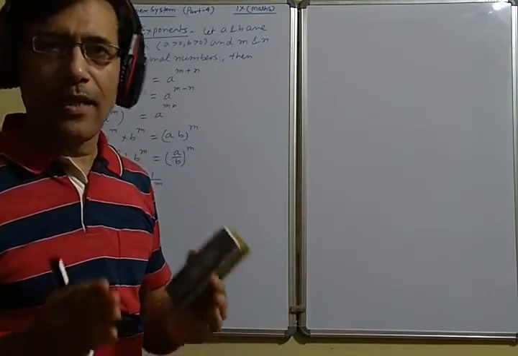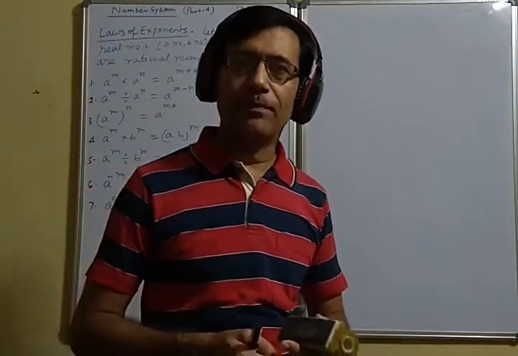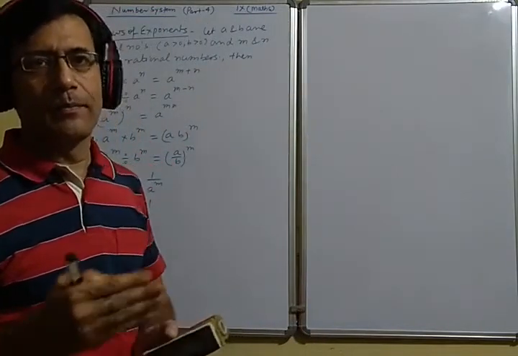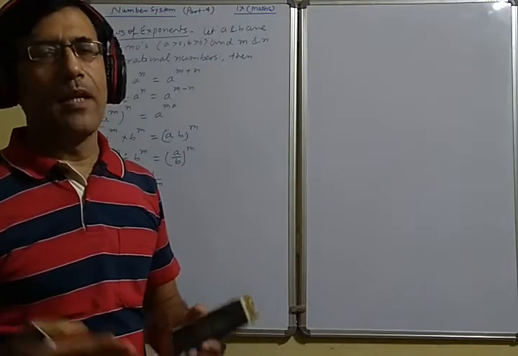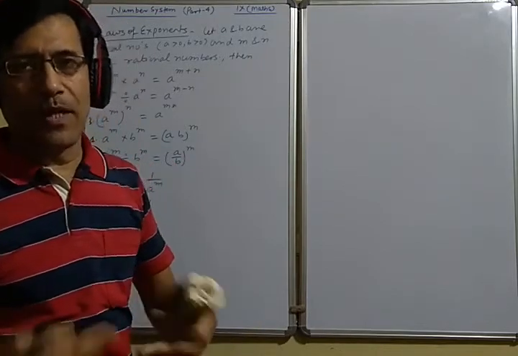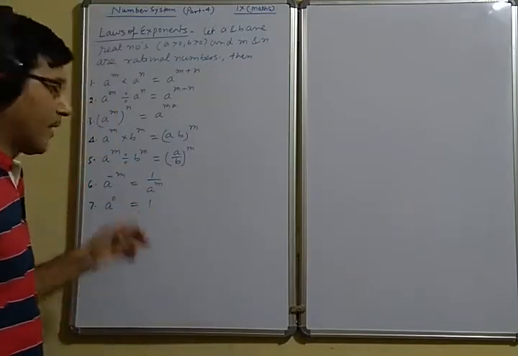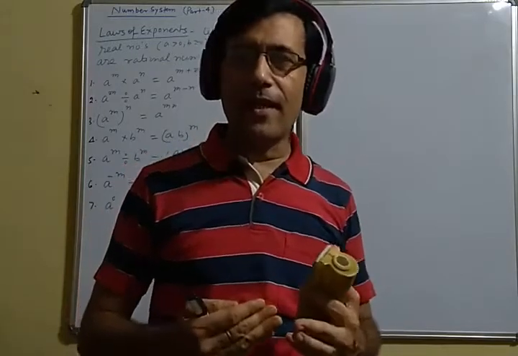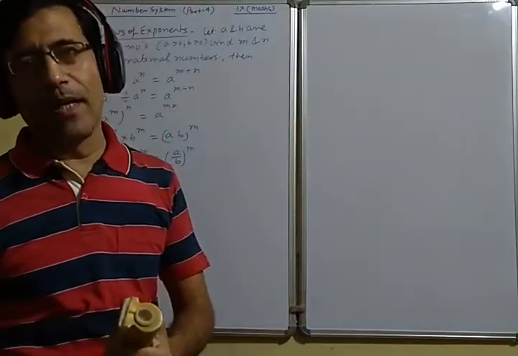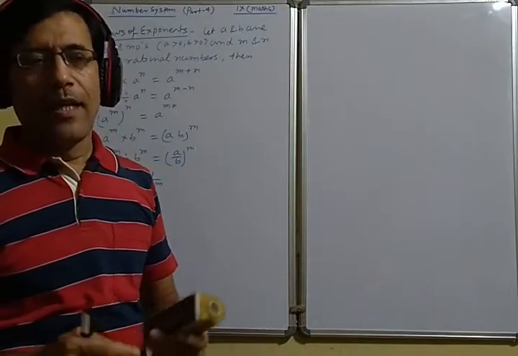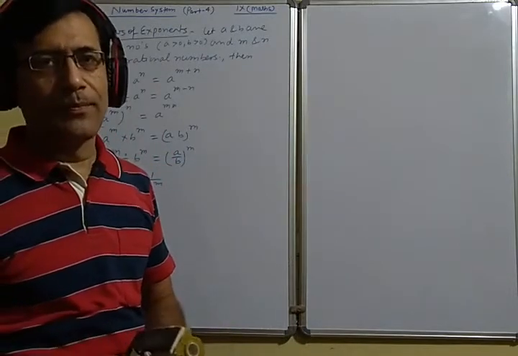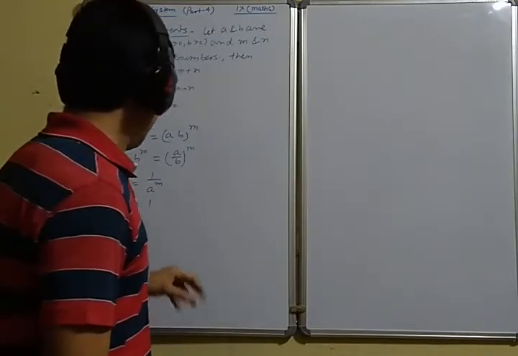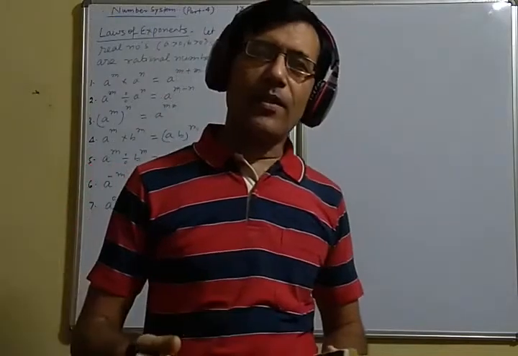So we can write A into B whole raised to power M. Similarly, if we divide A raised to power M by B raised to power M, it becomes A divided by B whole raised to power M. Next, A raised to power minus M is written as 1 upon A raised to power M. And last, any real number except 0 raised to power 0 is equal to 1.